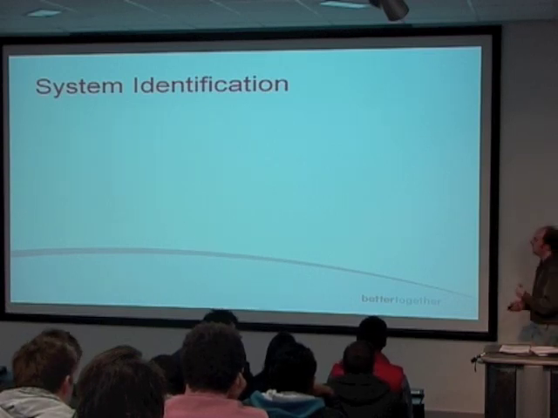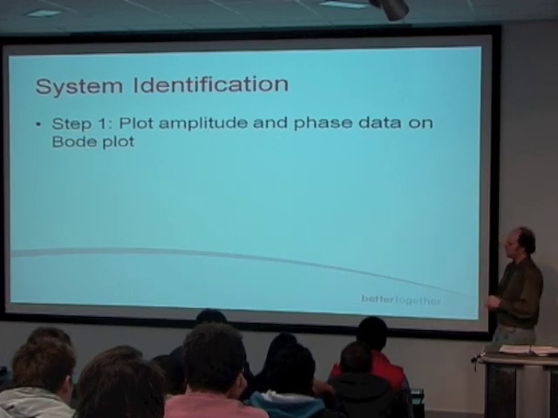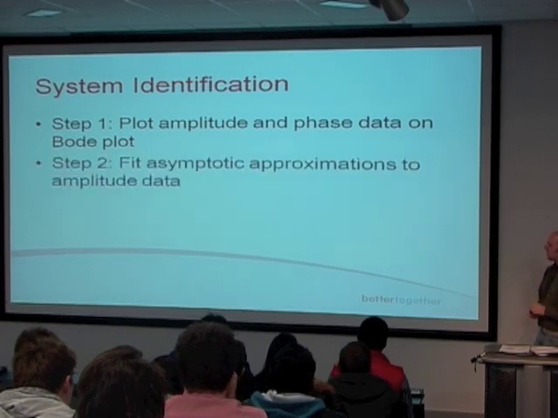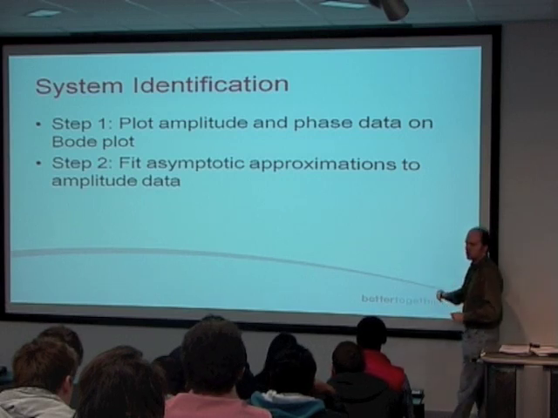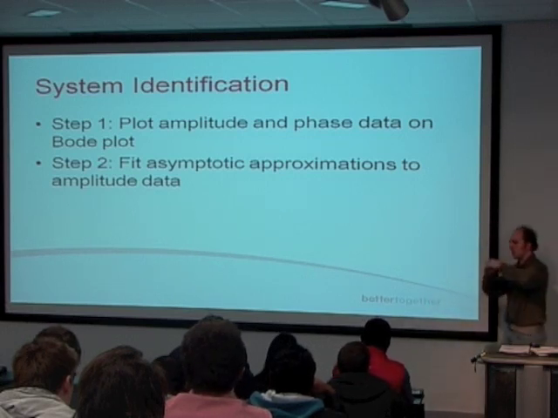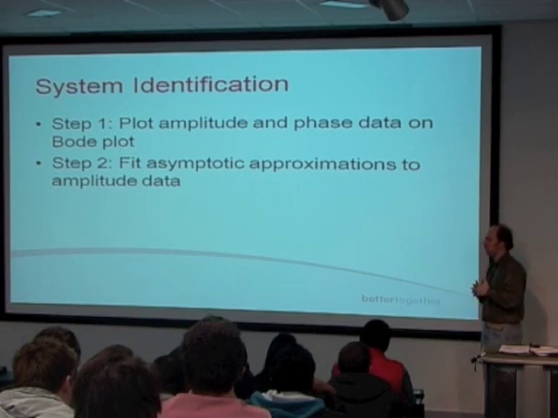So I've been given some data, and I have to plot that on a Bode plot. That's step 1. Step 2 is you draw straight lines that fit that data, the amplitude data. Those straight lines will give you some clues about what the transfer function is going to look like.